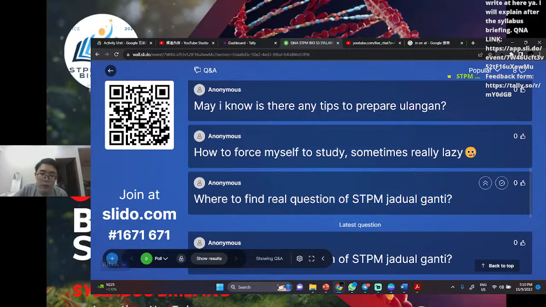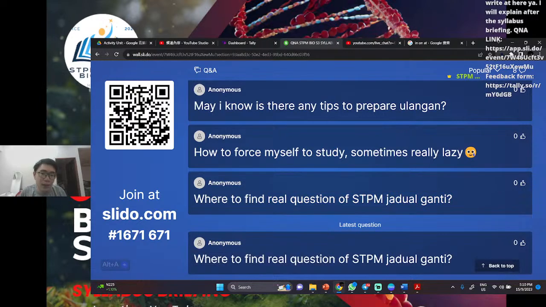As for the replacement schedule, someone has to set the replacement schedule. Because for me, I also haven't got the real question paper for the replacement schedule, even 2022.